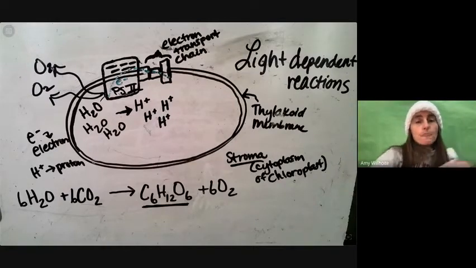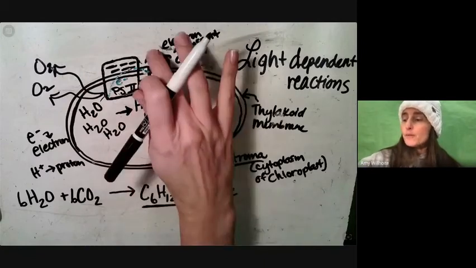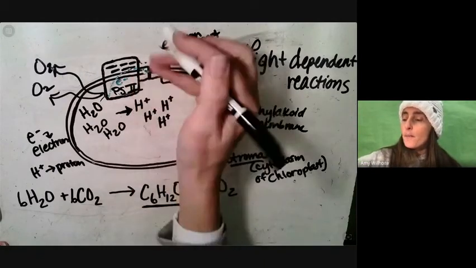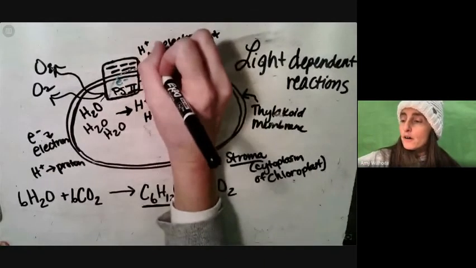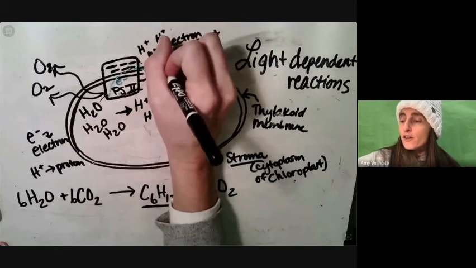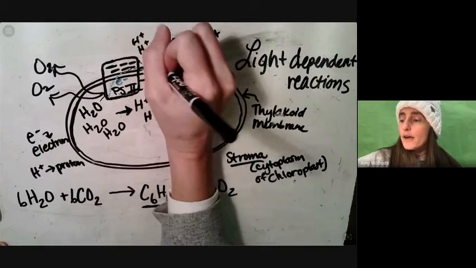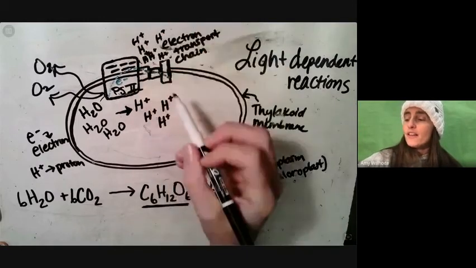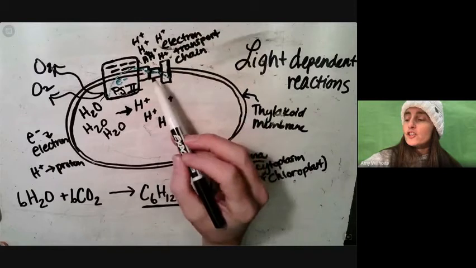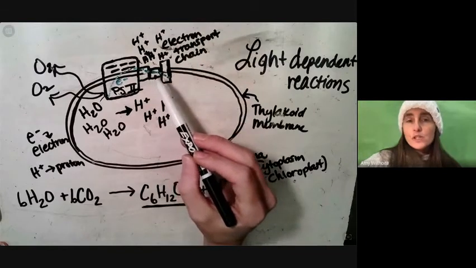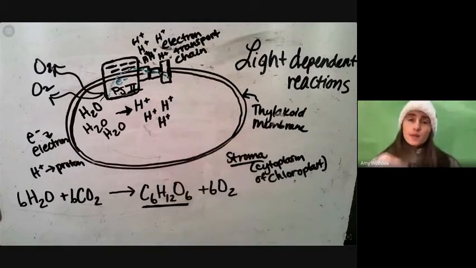I'll show you. Okay, so I'm going to erase my little bracket here. So we've got a bunch of hydrogens just hanging out up here because they were passed off from the other thylakoid. I'll show you how that happens in the very end. Okay, so when the electrons go down the electron transport chain, that's like a bucket brigade, like pass from this protein to that protein, to this protein to that protein, okay?